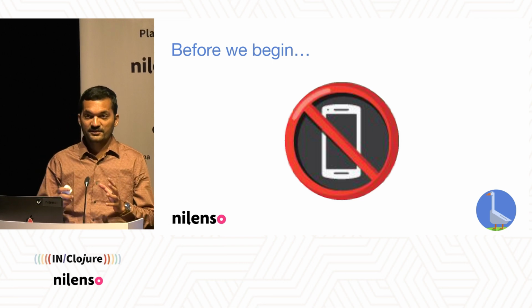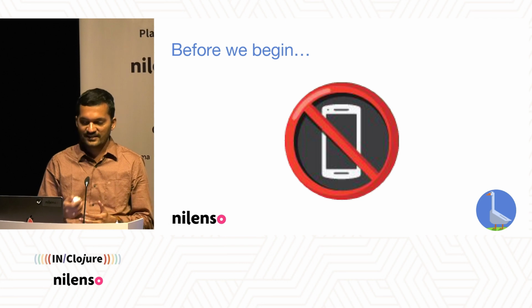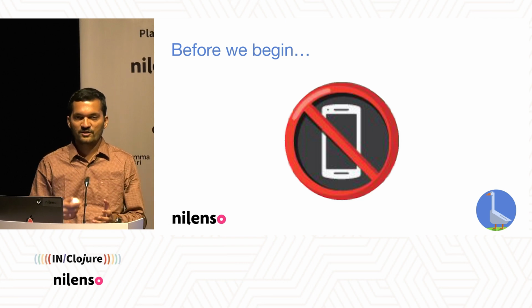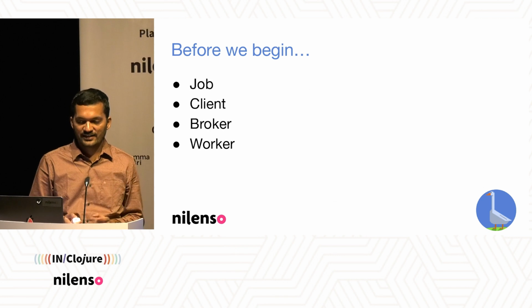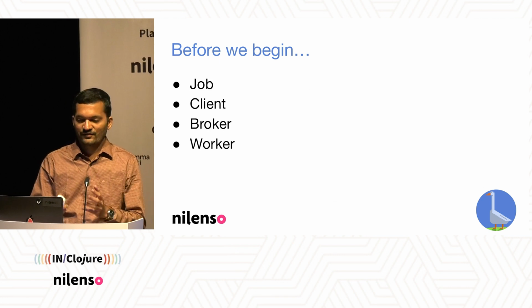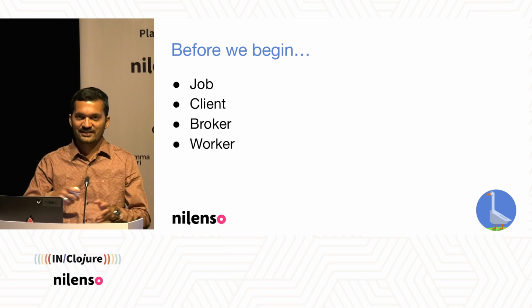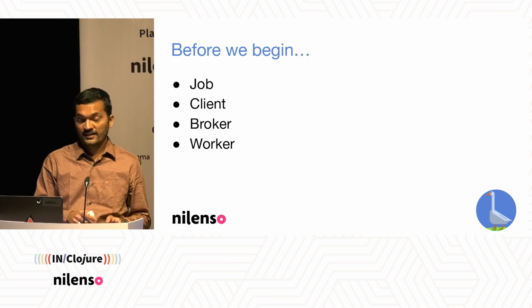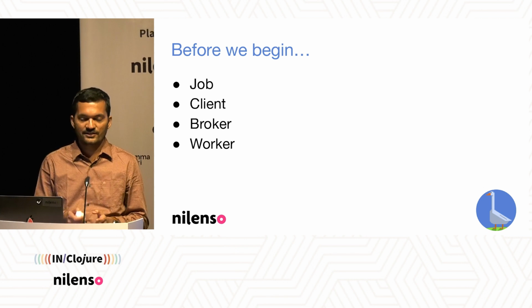And there are certain terms which I'll be using repeatedly. So for those who are not very familiar with the concepts of background processing, I'll quickly define them. So what is a job? Any function that is executed in the line of flow of a program, but instead of executing it inline, you rather enqueue it for asynchronous or scheduled execution.